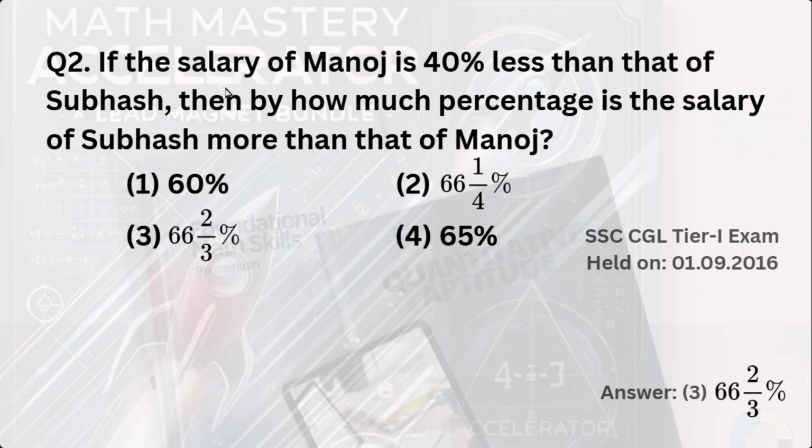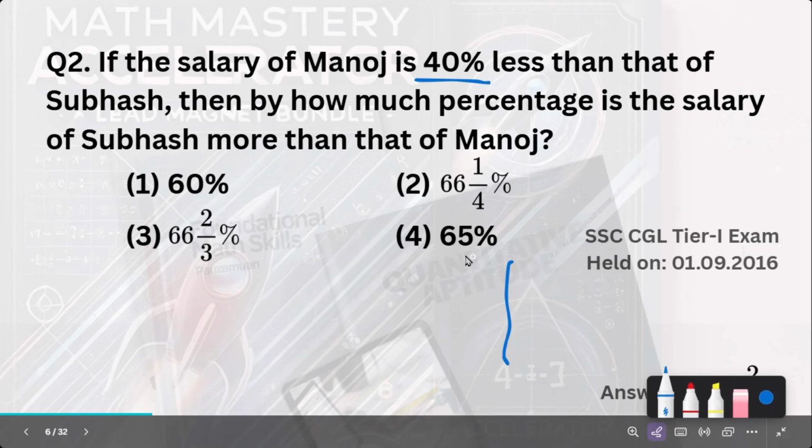Question 2. If the salary of Manoj is 40% less than that of Subhas, then by how much percentage is the salary of Subhas more than that of Manoj? We have to write 40% less.